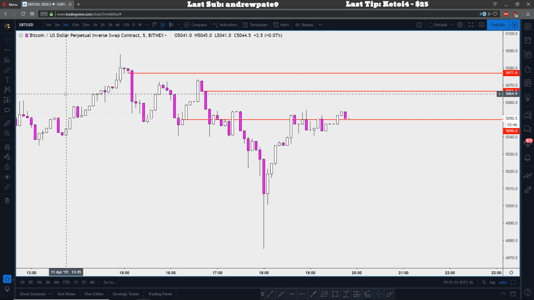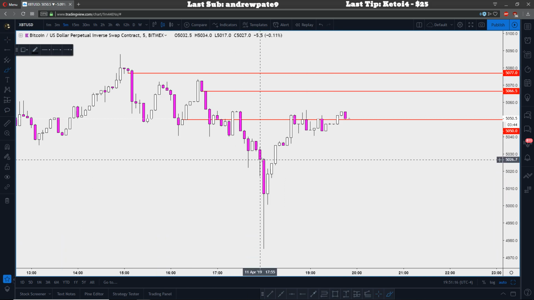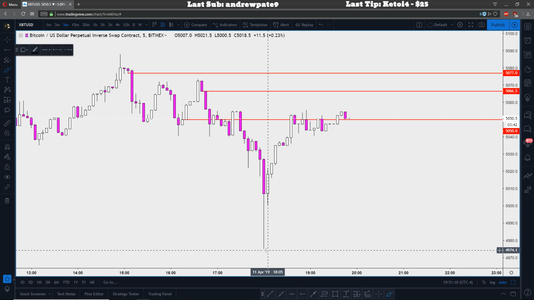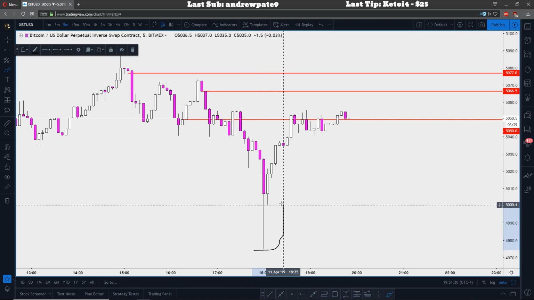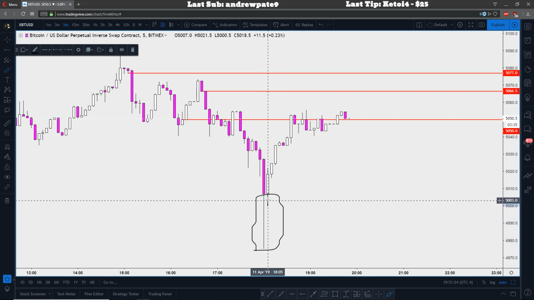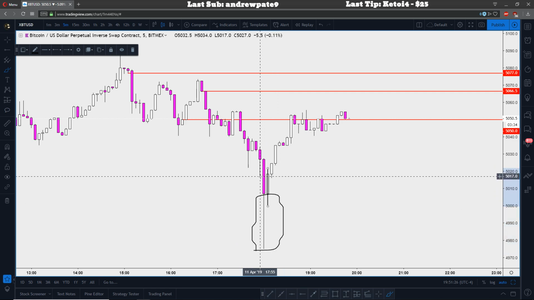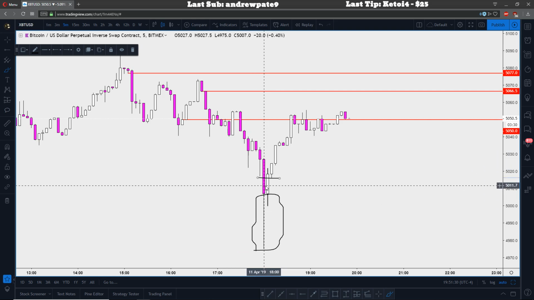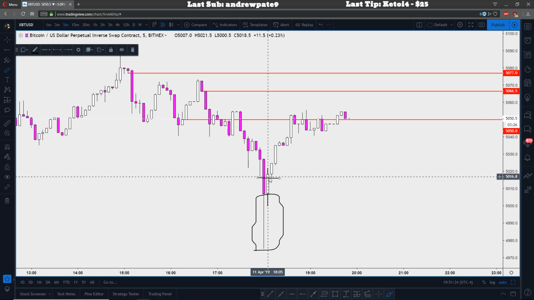So if you see a very strong candle downward here, and you see it have a very long bottom wick, and then you see it followed up with a green candle that closes at the 50% or higher of the red candle, this is a very good reversal setup.